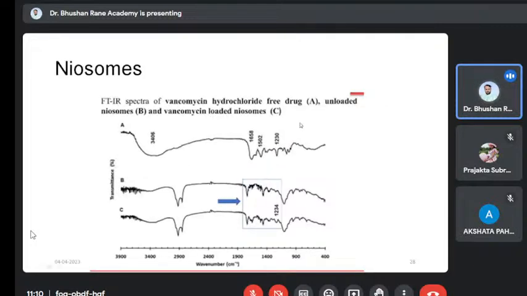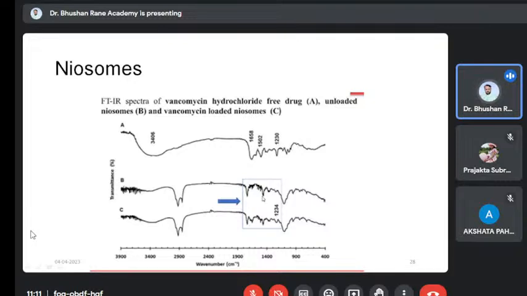Next is the neosome formulation for vancomycin hydrochloride. A is for the free drug molecule, B is for the unloaded neosomes, and C is for the loaded neosomes. Just observe the peaks: in the pure drug they are at 1658 and 1502 cm⁻¹, and there is a sharp peak at 1230 with the lowest intensity.